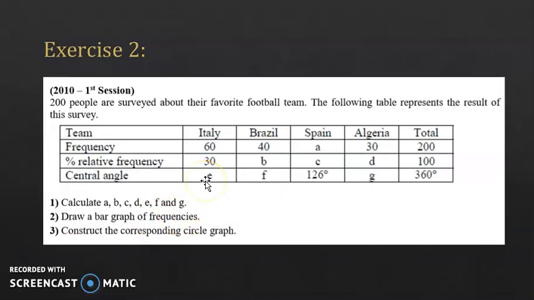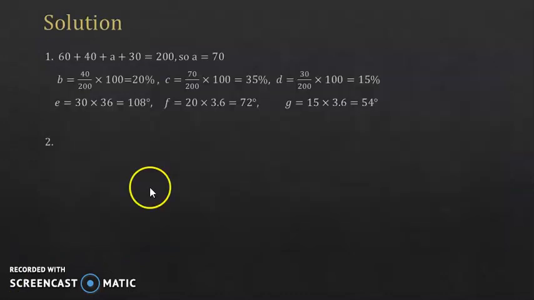So for E, it's the percentage relative frequency of Italy times 3.6, so 30 times 3.6. For F, it's the same. The value of B that we got times 3.6, and same for G. Try to calculate them by yourself. You should get these answers.